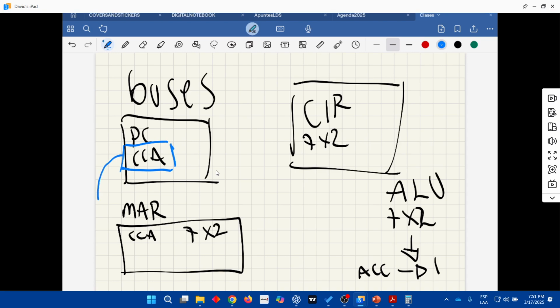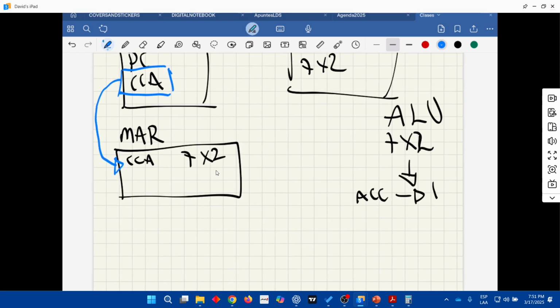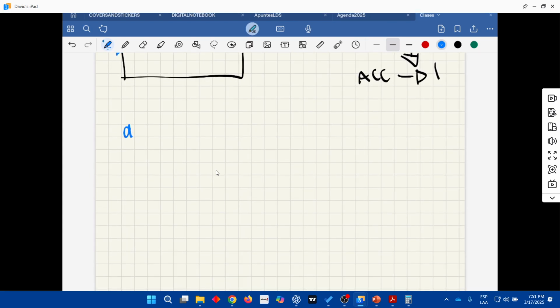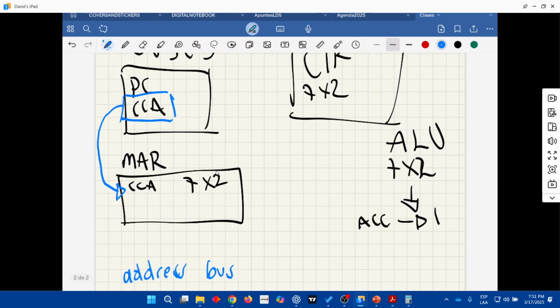So this information is moving using the address bus. Okay, so let me try to put in here. It is using the address. That means that in the address bus, the only information that is going to travel is the addresses that we have in our memory. Okay, so I'm going to give you an example.